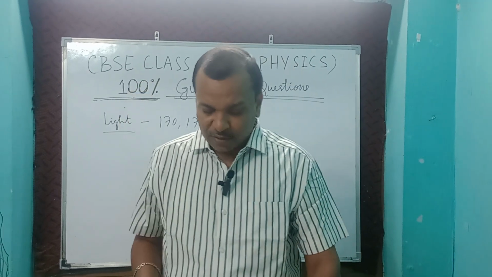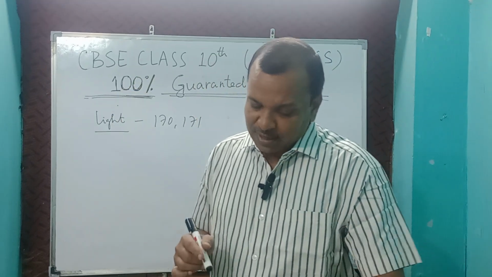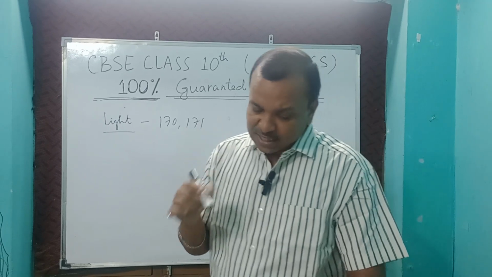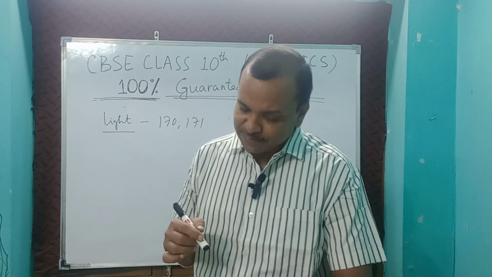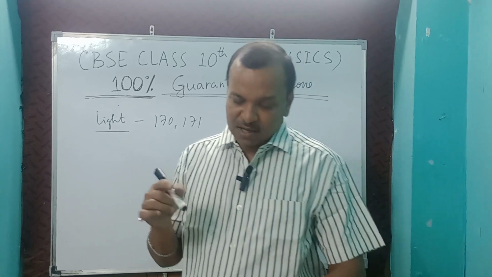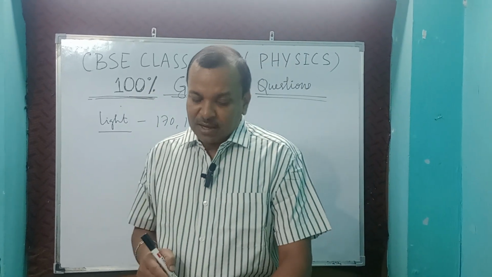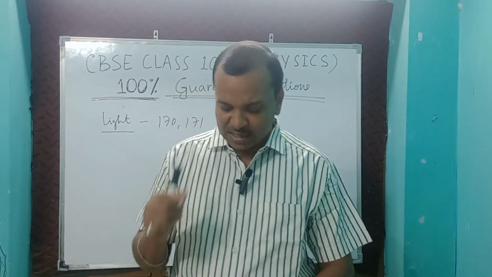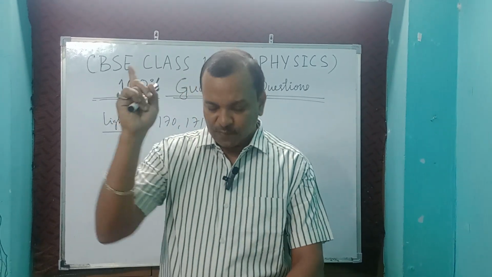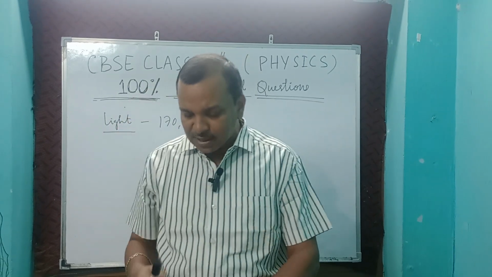Example 10.4. A 2.0 centimeter tall object is placed perpendicular to the principal axis of a convex lens of focal length 10 centimeter. The distance of the object from the lens is 15 centimeter. Find the nature, position and size of the image.